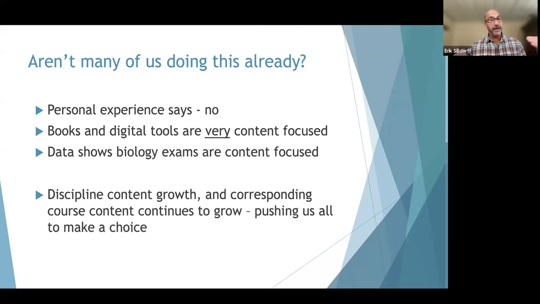And some people are very good at conveying the content of physiology sequentially and logically, but very few people provide what we're going to get to here in a moment, which is the storytelling, the consistent employment of that causality that allows students to connect the dots and generate a deeper understanding of the content such that they can then apply that content in novel scenarios.